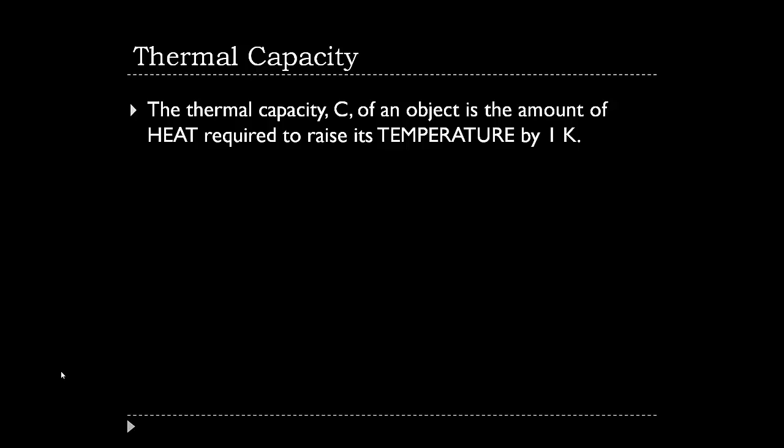So the first idea is the thermal capacity. And the thermal capacity, which is given the symbol capital C of an object, is the amount of heat required to raise its temperature by 1 Kelvin. And so we can write this in the form of an equation.